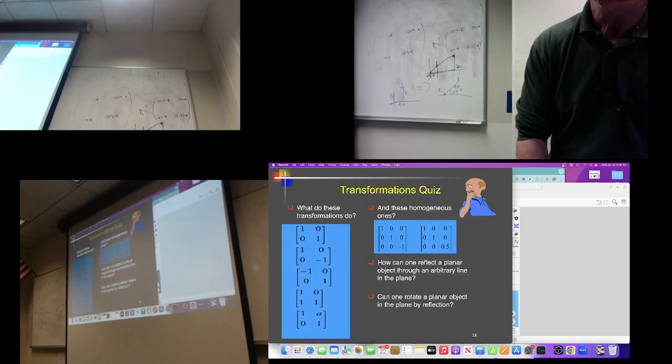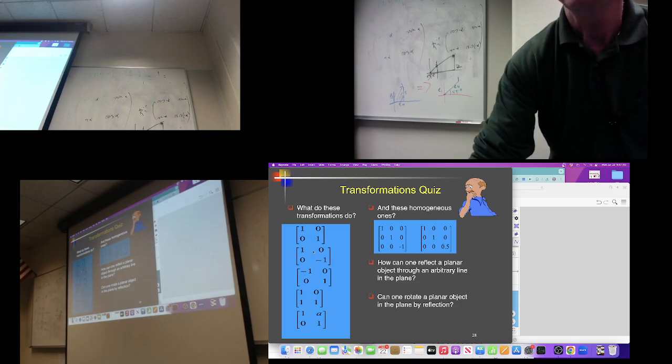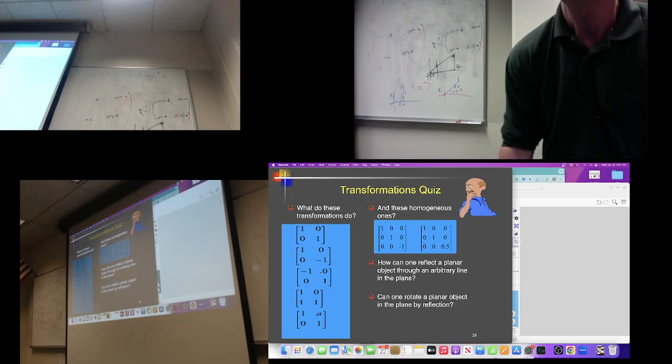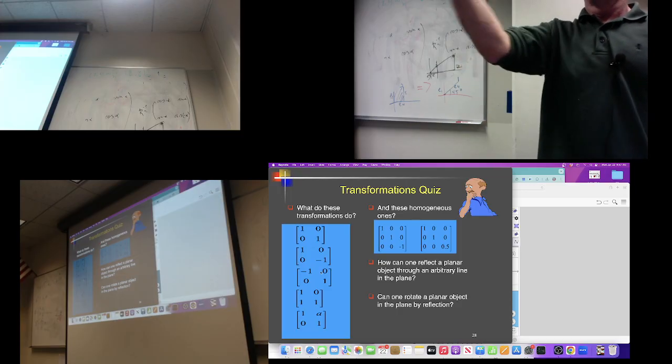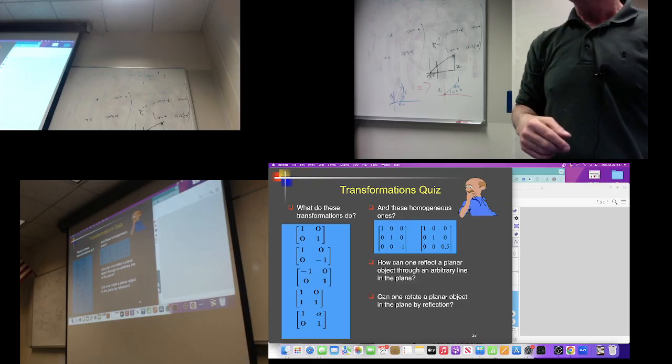Okay, quick quiz. What does this one do? This matrix? Nada. Keep every point by itself. Is this homogeneous coordinates? No, it's just two coordinates, Cartesian. This one, take x to x, flip by y. This one, flip by minus y. X stays, minus x becomes minus x, y stays y.